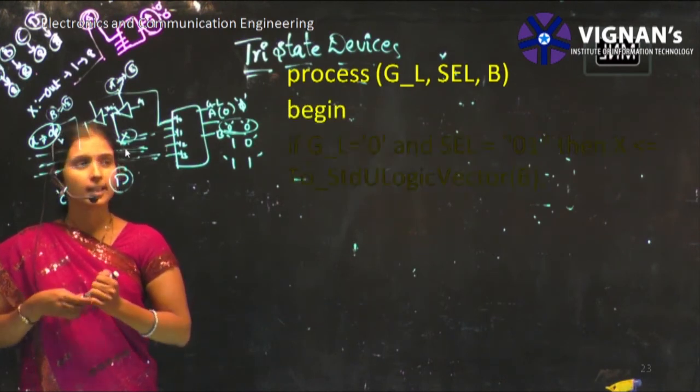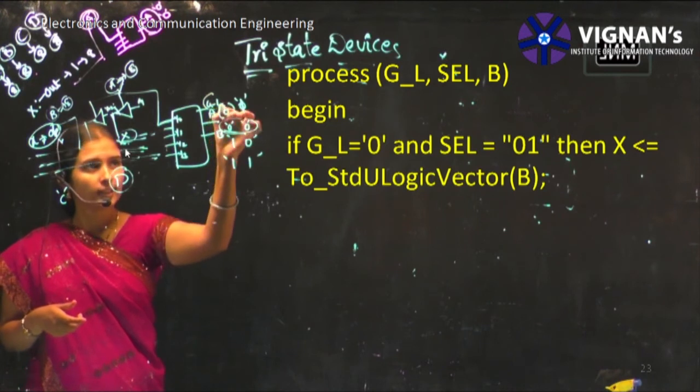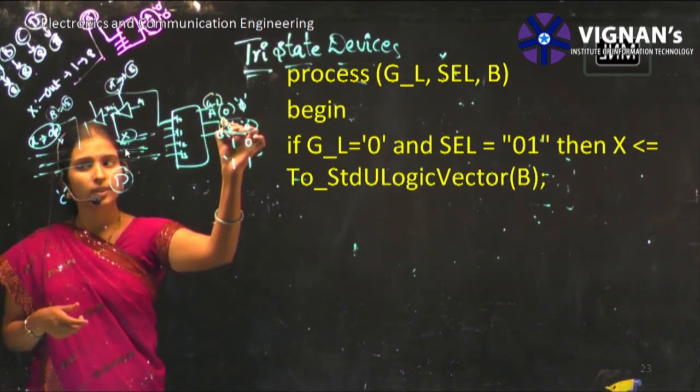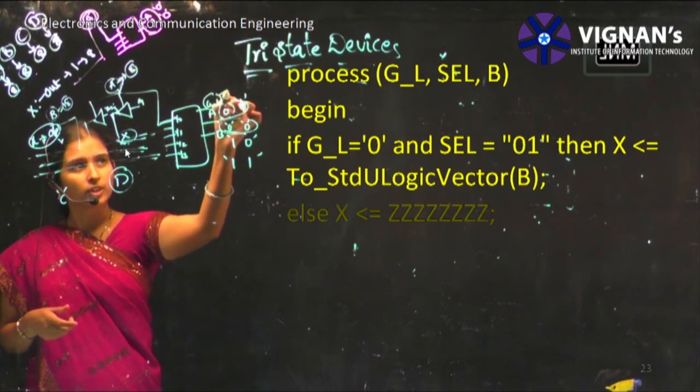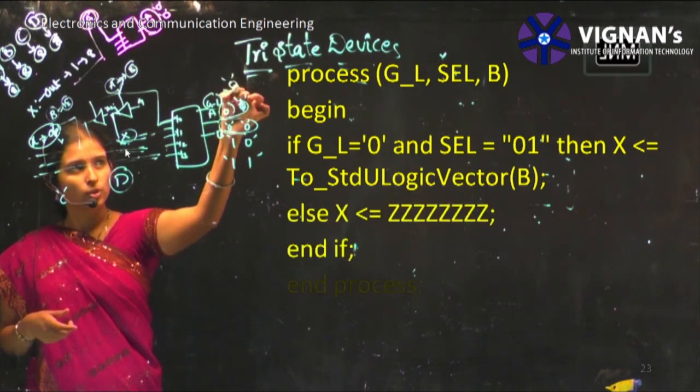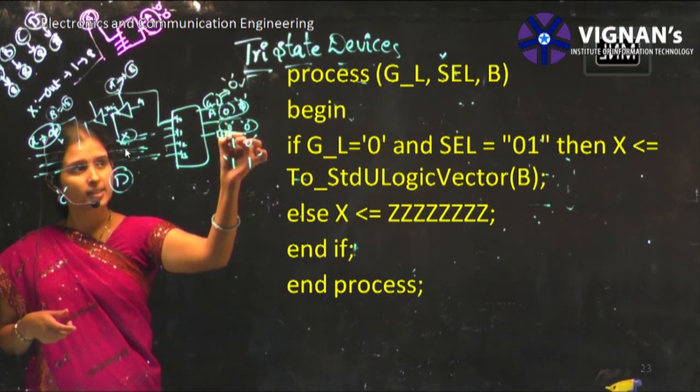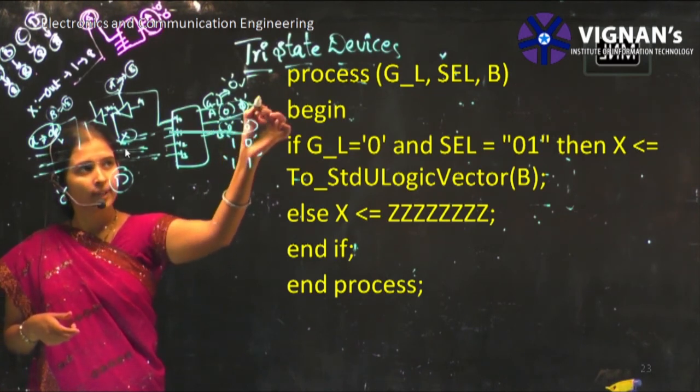Next, again, selection line and G select: if the selection line input is 0 1, and G underscore L is 0, you are enabled and your selection line bits will be 0 and 1.